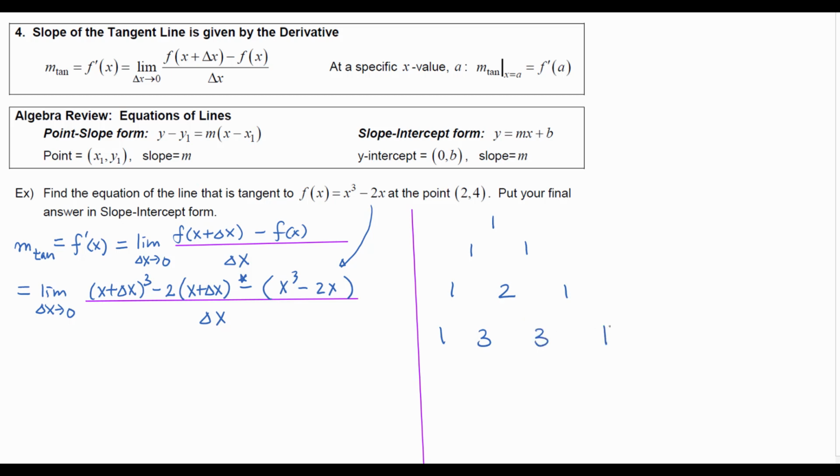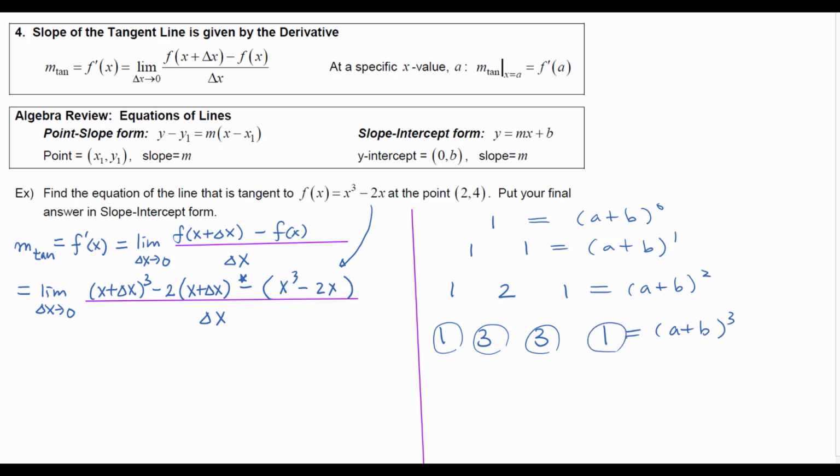I think we learned this from the quick algebra review. So this was a plus b to the 0th power, this was a plus b to the 1st power, this is a plus b to the 2nd power. This is a plus b to the 3rd power, and these are the coefficients of your variables.